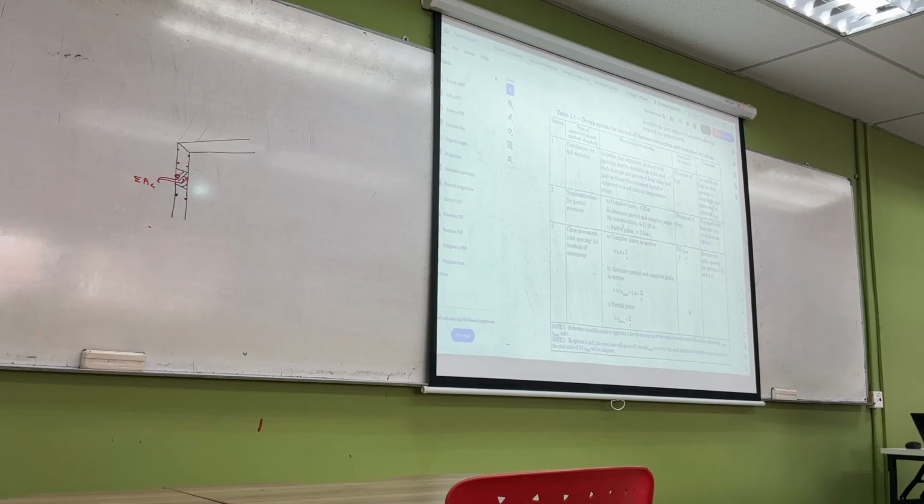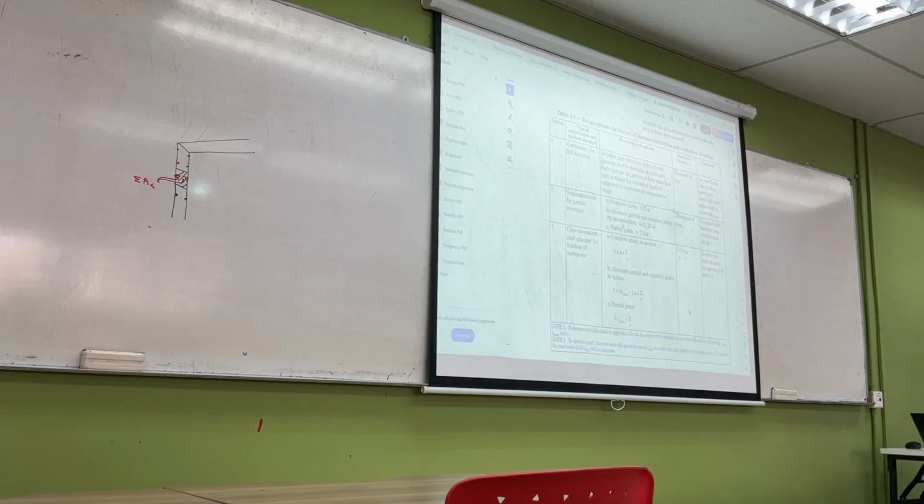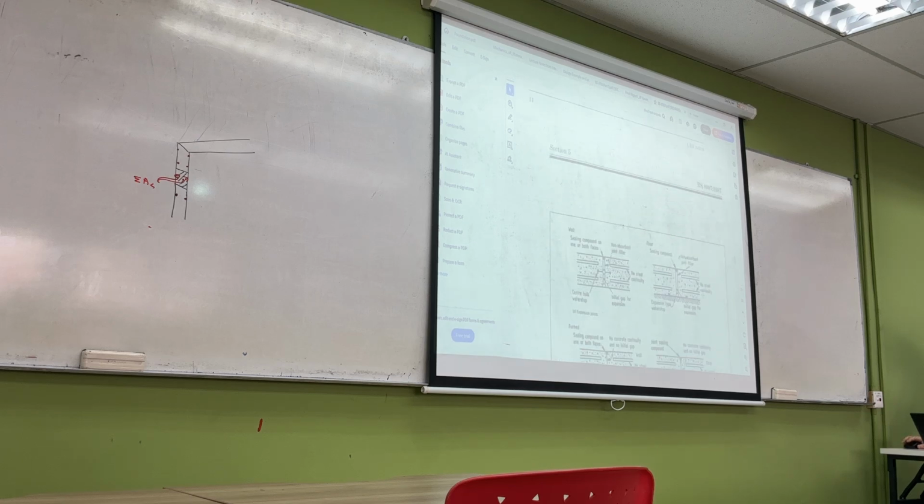code. Oh, right here. Table A.1, right here, in the appendix.